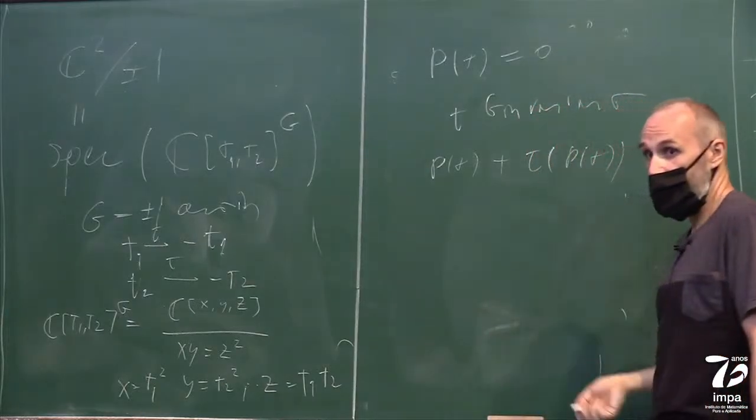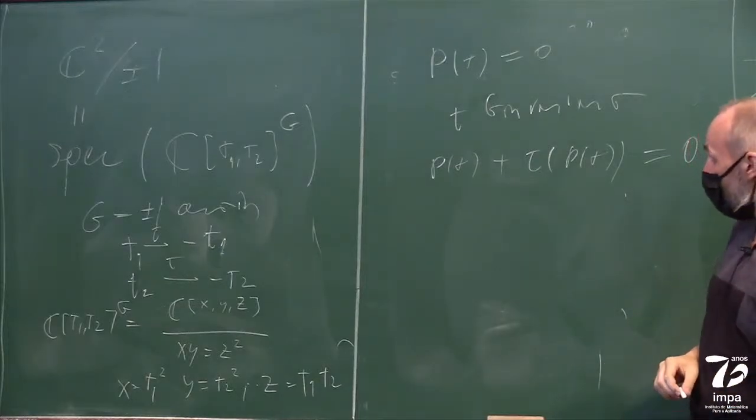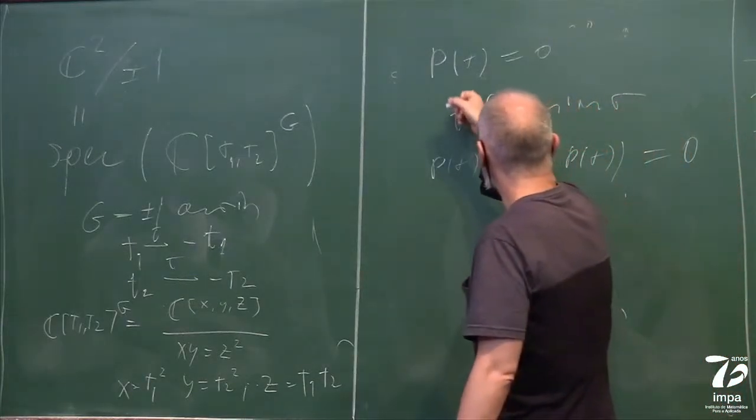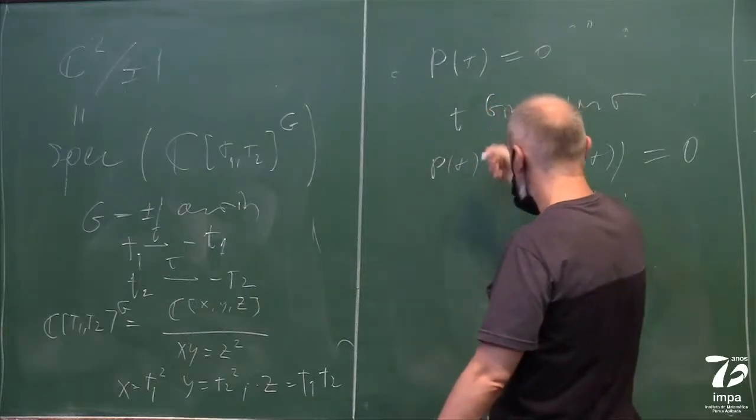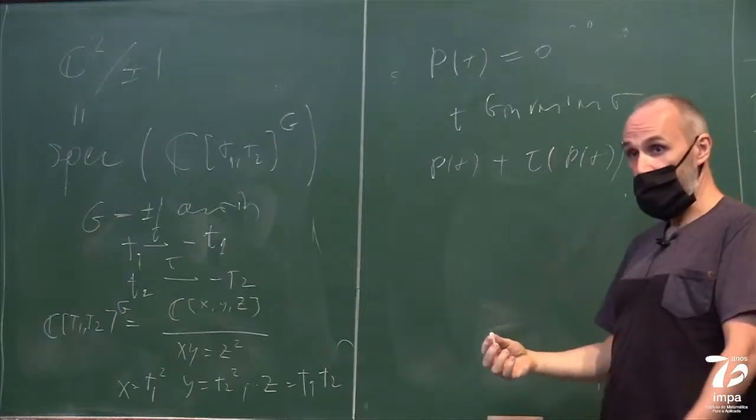This is also 0, and clearly the sum is a monic polynomial. So this means that if t is a root of a monic polynomial, it's a root of a monic polynomial with invariant coefficients.